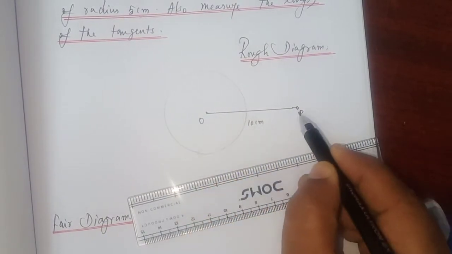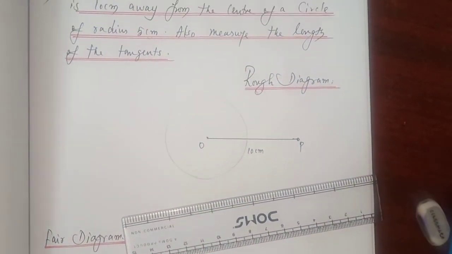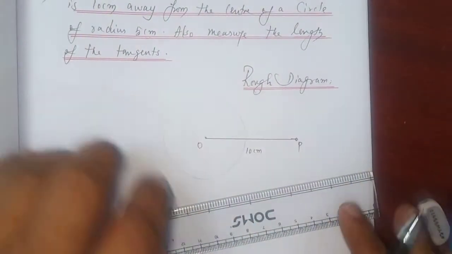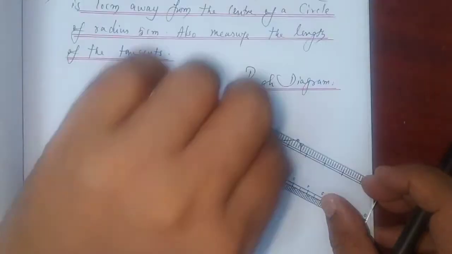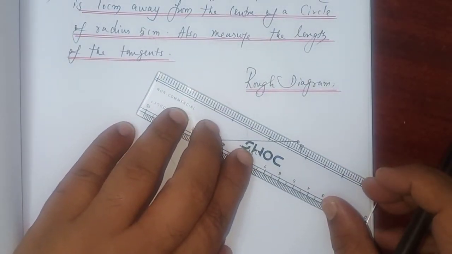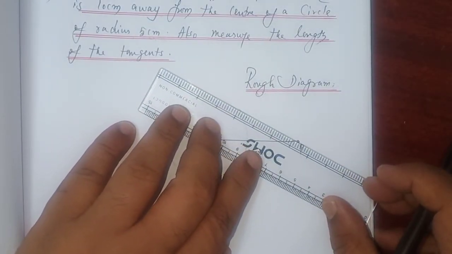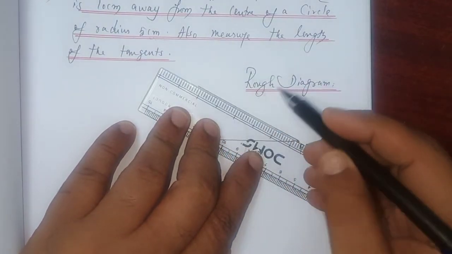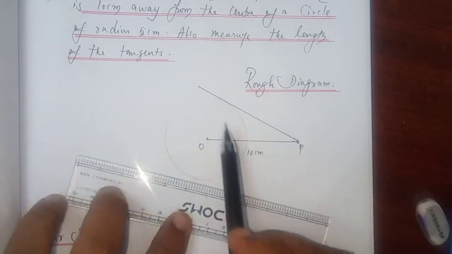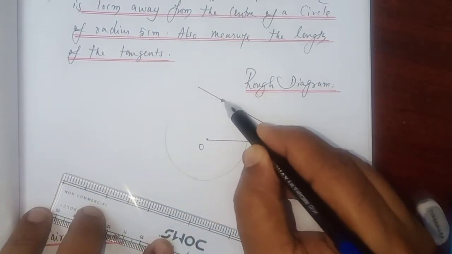What is the length of OP? 10 cm. From P, you have to draw two tangents. A tangent is a straight line that touches a circle at one point.